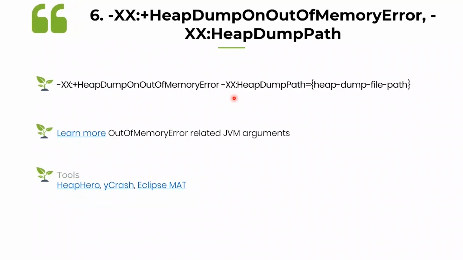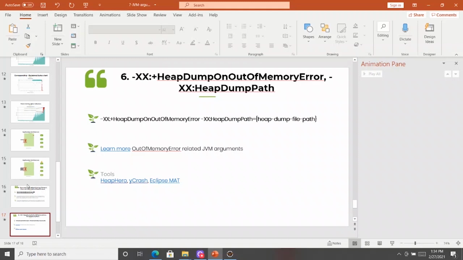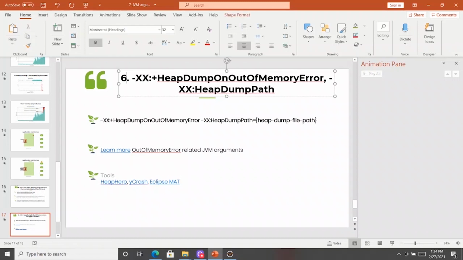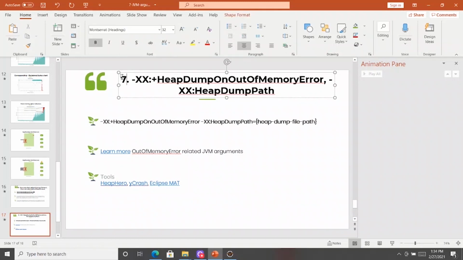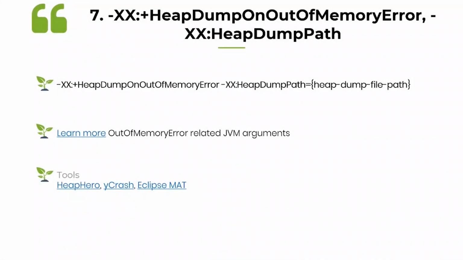And then the 7th argument that you can consider passing to your application is HeapDumpOnOutOfMemoryError and HeapDumpPath.